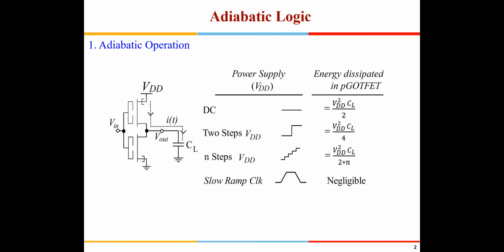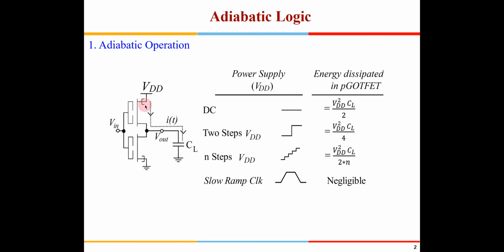Now instead of that, if I charge this capacitance in 2 steps, instead of giving VDD here, I initially give VDD by 2 and then I increase it to VDD. I am giving it in 2 steps. Then what happens?